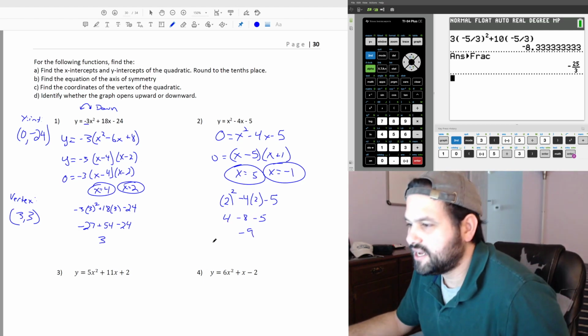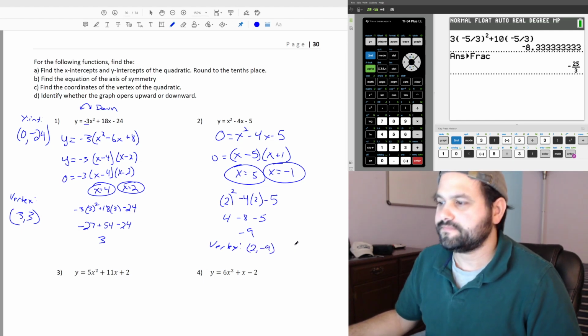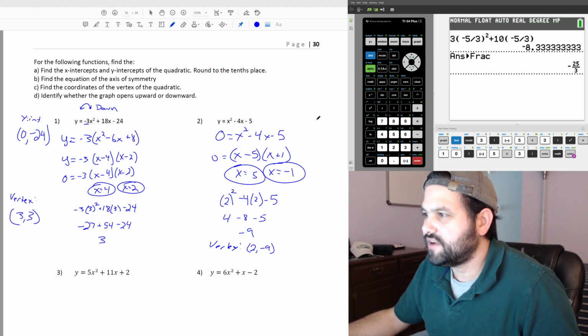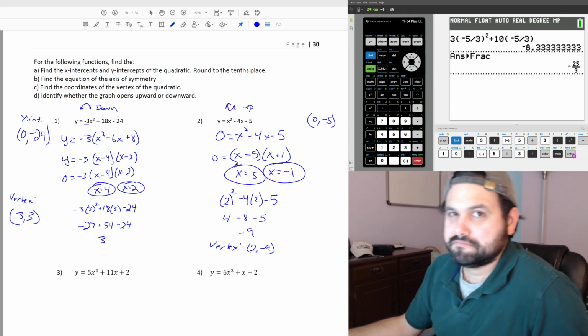So my vertex is at (2, -9). Those are my x-intercepts. My y-intercept is negative 5. And the a value here is positive, so this is opening up. Okay.